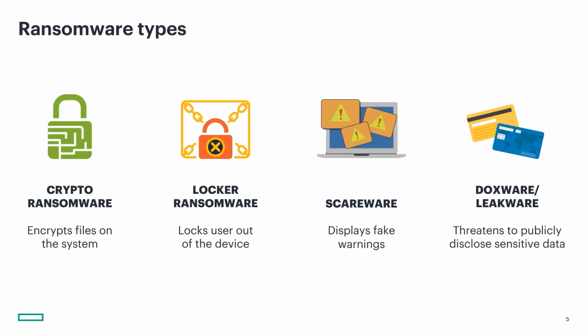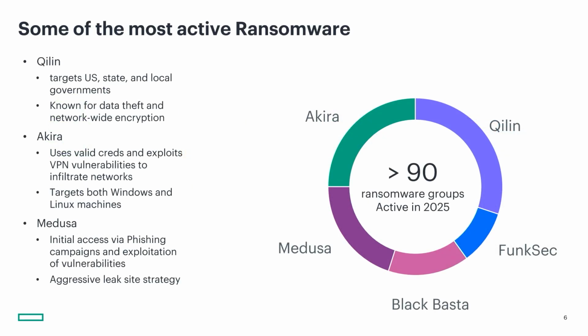So let's talk a little bit about the threat actors behind all these elements. This is the statistical information that we have for, I would say, January to October of this year. And this is talking about the most active ransomware groups. Now, we know there are about 90 ransomware groups that have been active this year alone.